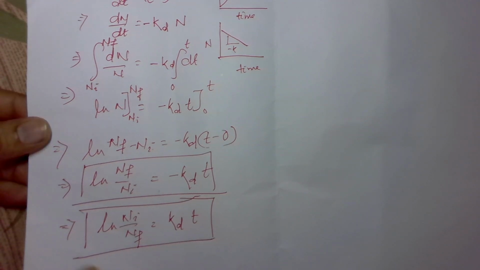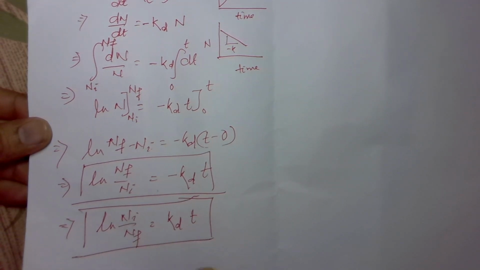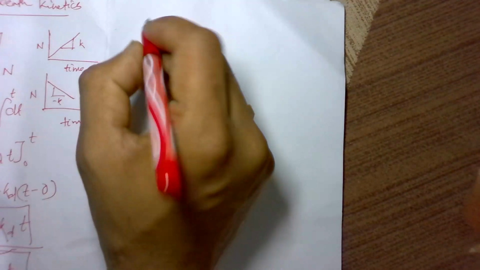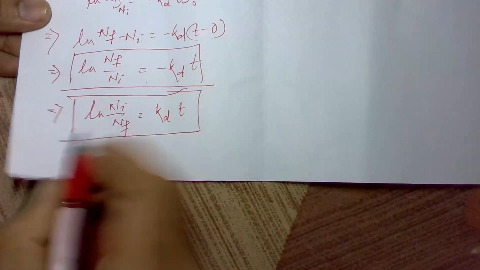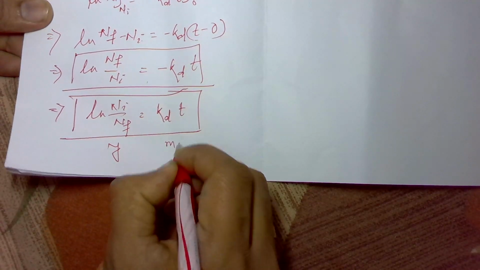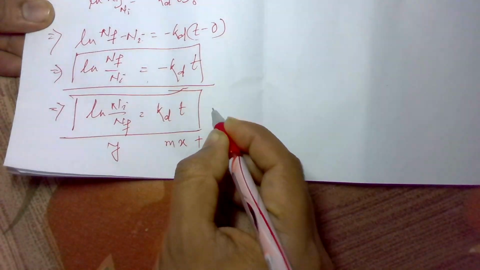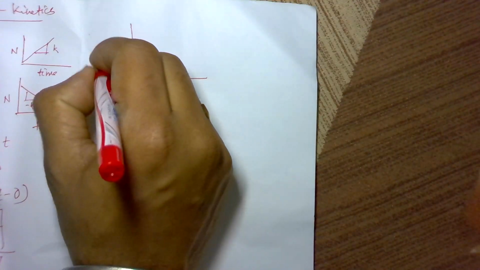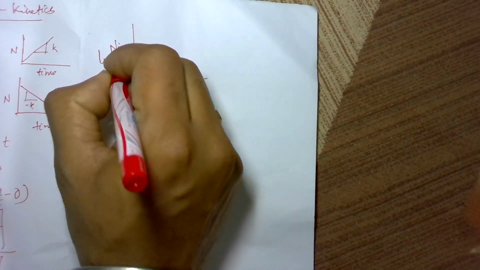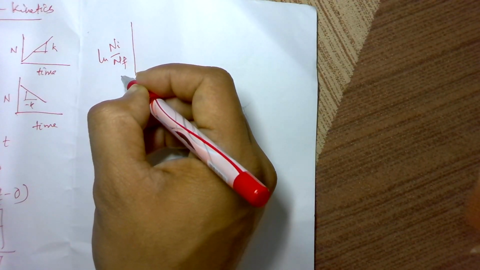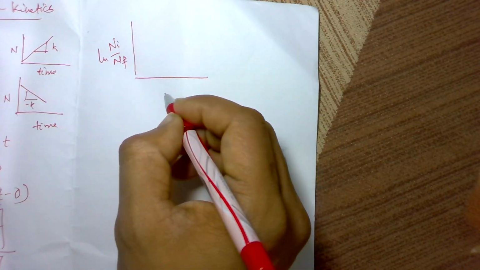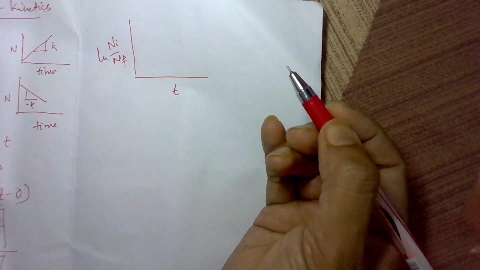So if you want to understand this equation in a graphical form, it will be like, see, this is your y is equal to mx plus c. C is your 0. Okay. So this is your ln Ni by Nf and this is your t.